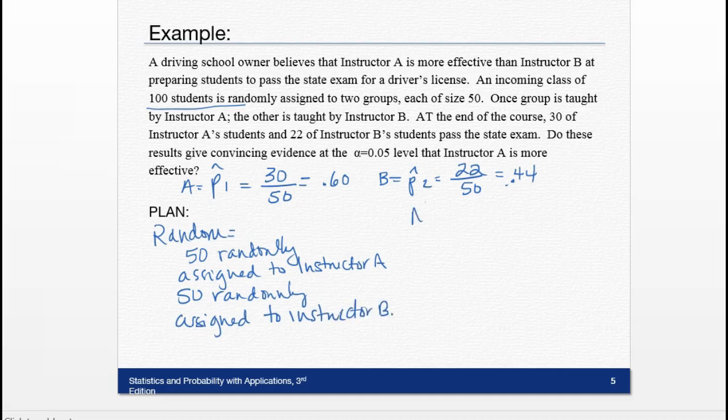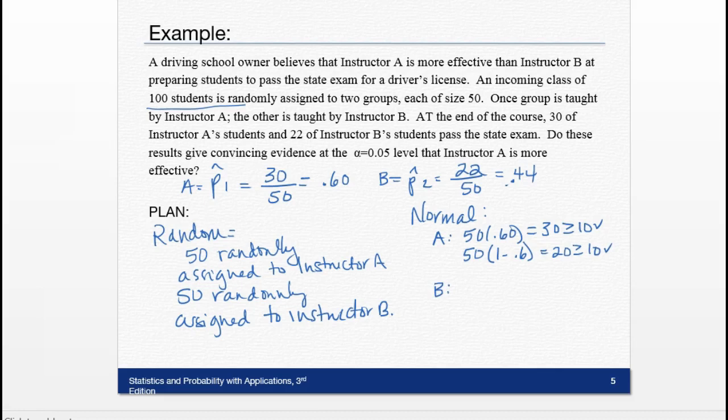Okay, so for normality, we need to check large counts. So we do A first. So 50 times 0.6 gives me 30. That's greater than or equal to 10. Then I'll do 50 times 1 minus 0.6. That's going to be 20, greater than or equal to 10. So far, so good.